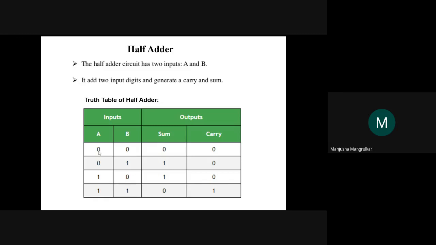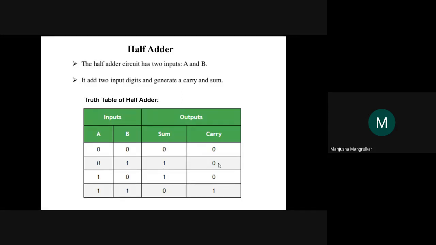These 4 combinations of A and B are: A equals 0, B equals 0; A equals 0, B equals 1; A equals 1, B equals 0; and 1, 1. Now, if I am adding 0 plus 0, the sum is 0 and the carry is 0, no carry is generated. Suppose I am adding 0 plus 1, the sum is 1 and the carry is 0.